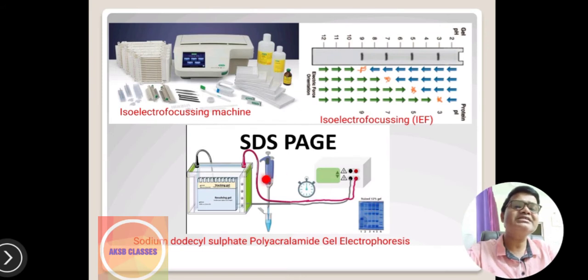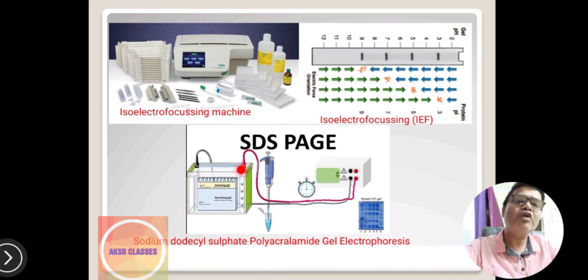So this is the anode and this is the cathode. The anode is joined with a wire at that point, and the cathode is joined at only that point. So the protein will move from top to bottom. That is the final separation of the proteins according to size.